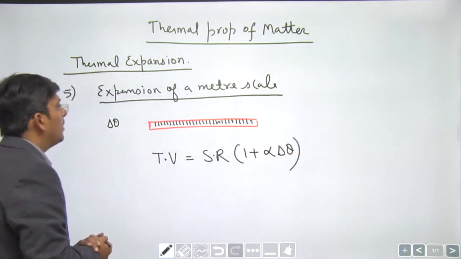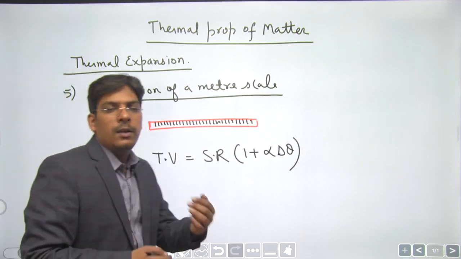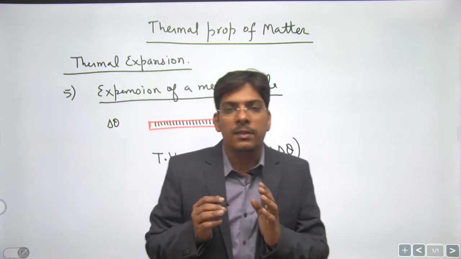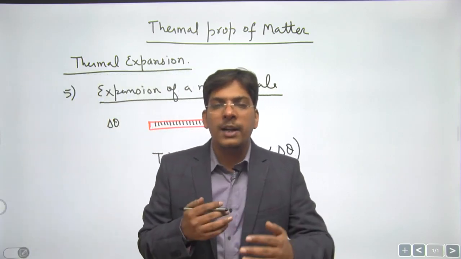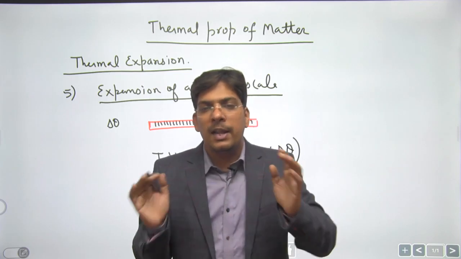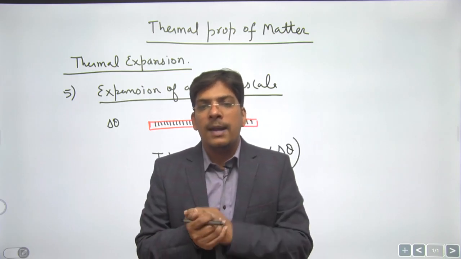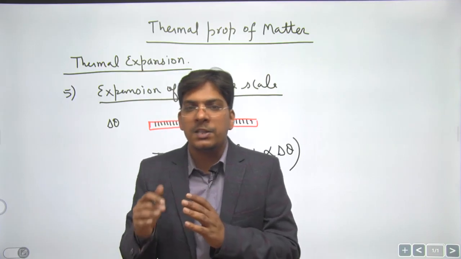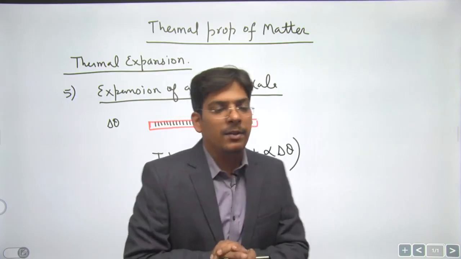This is the formula. It applies when a measuring instrument expands with rise in temperature and you use that meter scale to measure the length of a body at a temperature other than the one at which it was calibrated.